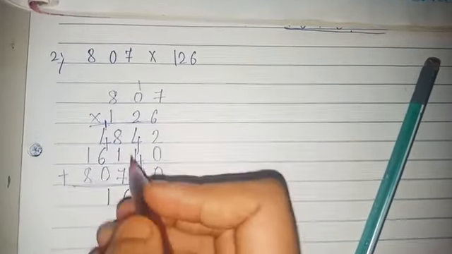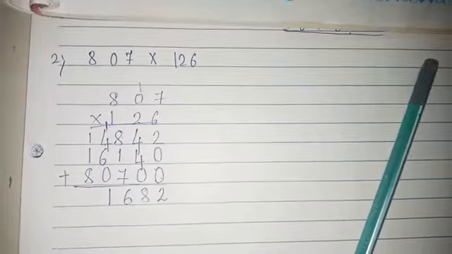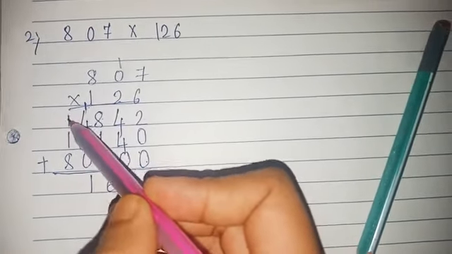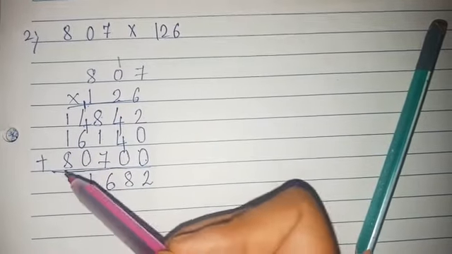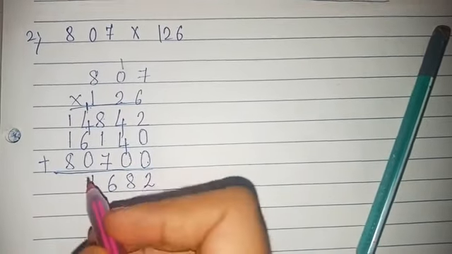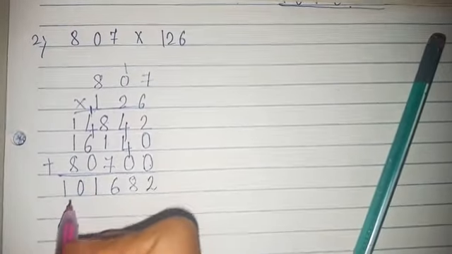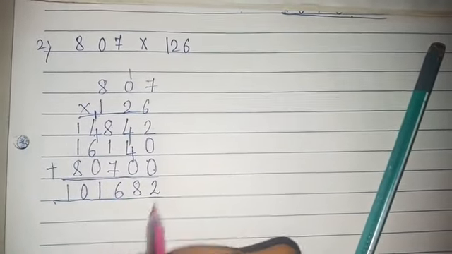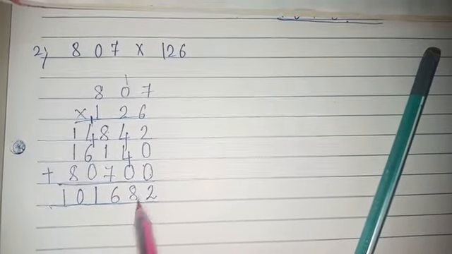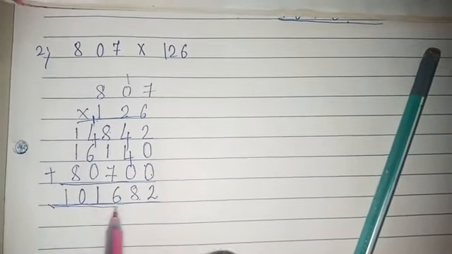So 1 will come here and carry forward 1. Done? Now 1 plus 1 is 2. 2 plus 8 is 10. So 1 and 0. We get 1,01,682. Understood everyone?